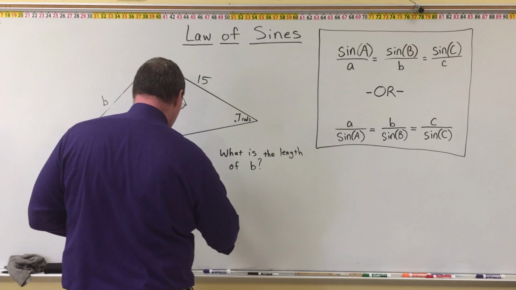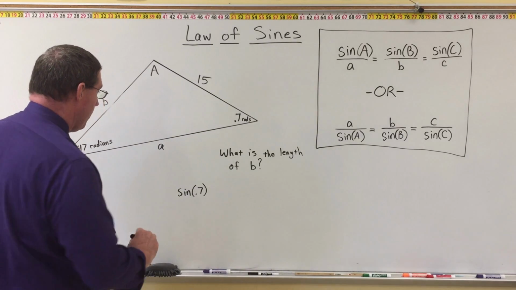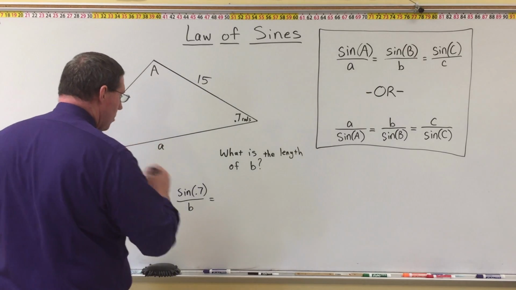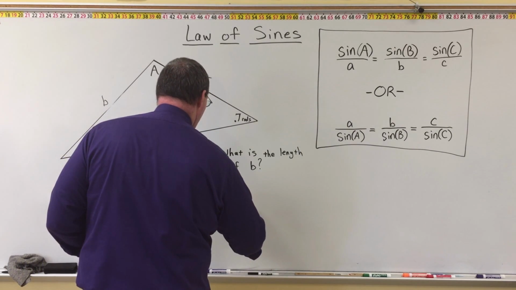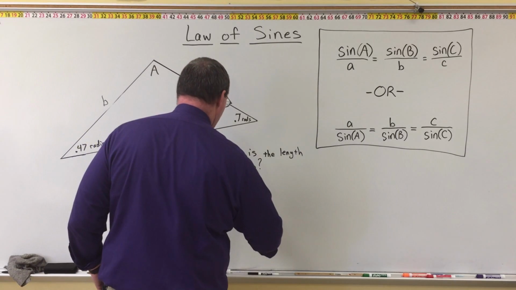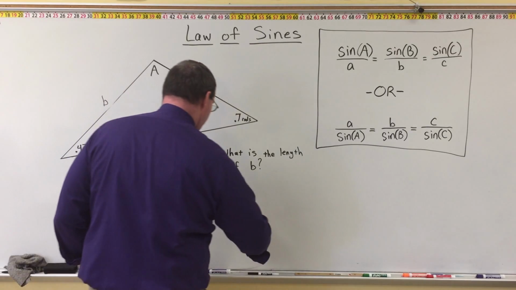We want to make sure that our calculator is in radians. I am in radians already. Over B is equal to sine of C, which is 0.47, so sine of 0.47 radians, over the length of C, which is 15.